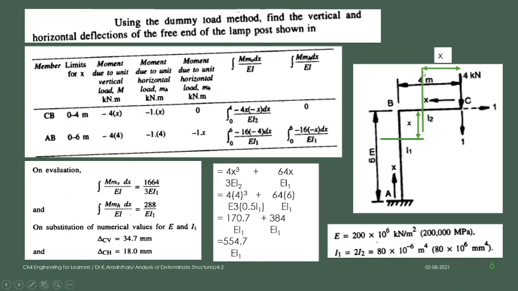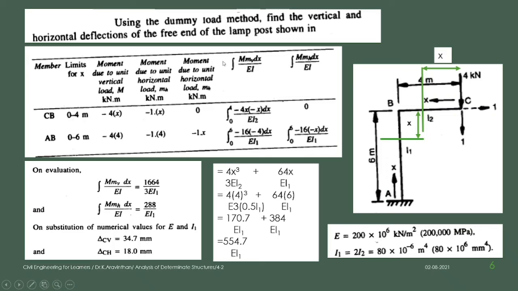We have cut a section between B and C and it is taken as the section XX and the distance as X. Now we take the moment due to the real load, 4 into X, which is written here, and for the element AB a section is cut and due to this load into distance, you will have 4 into 4 as the moment, and 4 into 4 is written here. The real load has only one component, that is the vertical component.